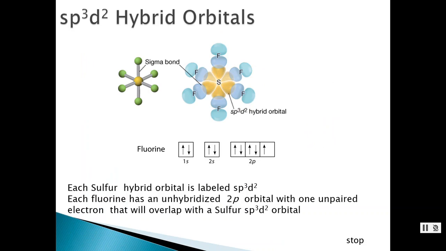So sp3d and sp3d2 hybrid orbitals help to explain why certain elements, specifically those in period 3 and below, sometimes have expanded octets.